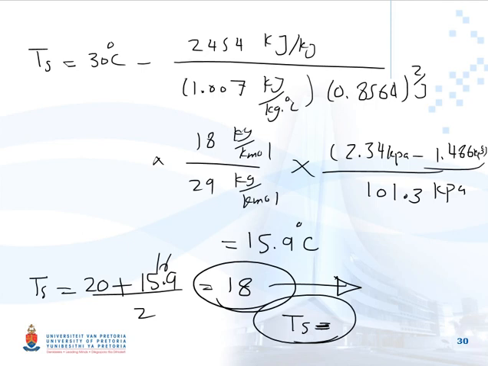But always keep in mind that those temperatures cannot be any temperature that you think. They follow some kind of engineering rules. For example, in this case, we said that the surface temperature cannot be higher than the hot dry air temperature.